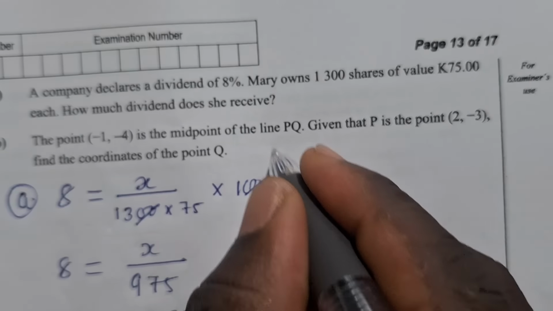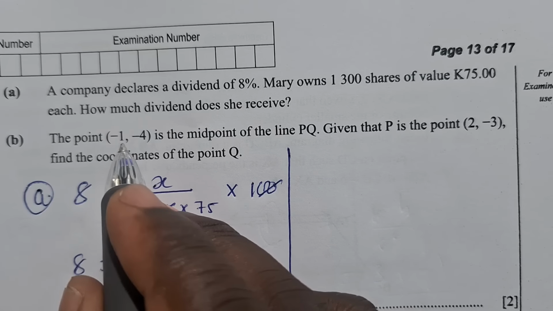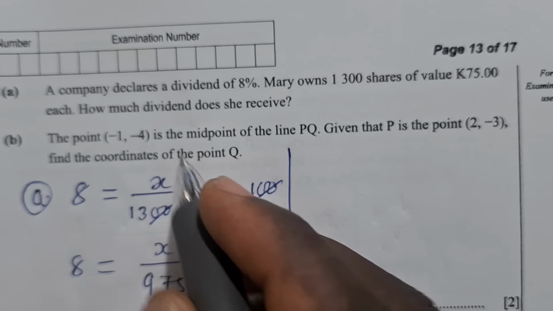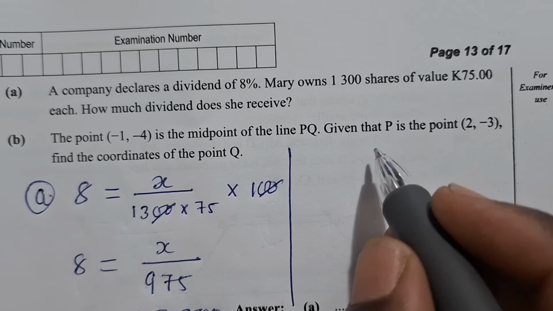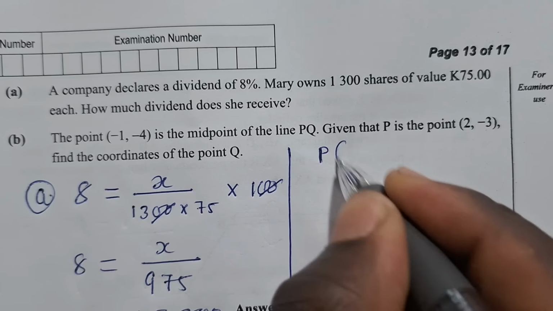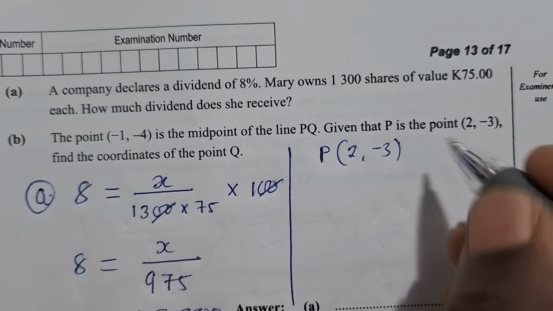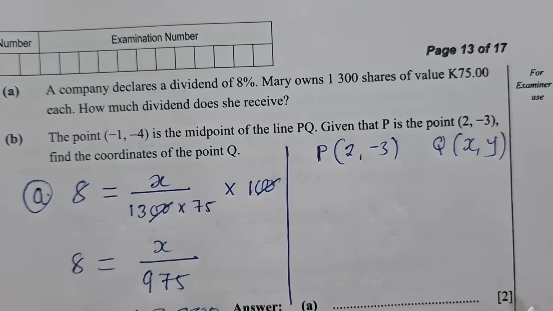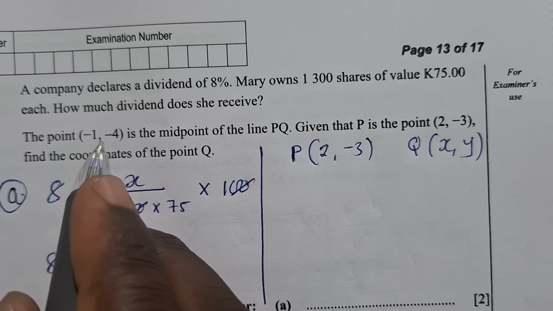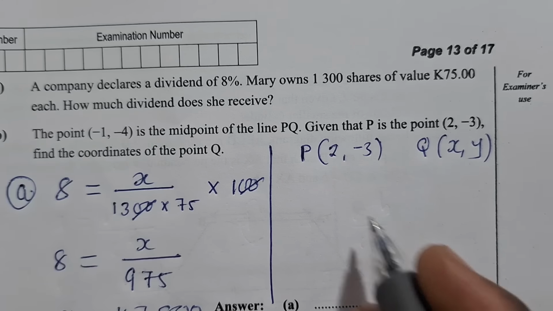For question B, they are saying the point -1, -4 is the midpoint of the line PQ. So here we can say P, according to what they've said, is 2, -3, and then Q is what we are looking for. And then the midpoint is -1, -4.